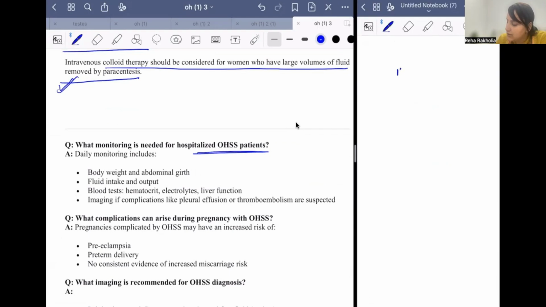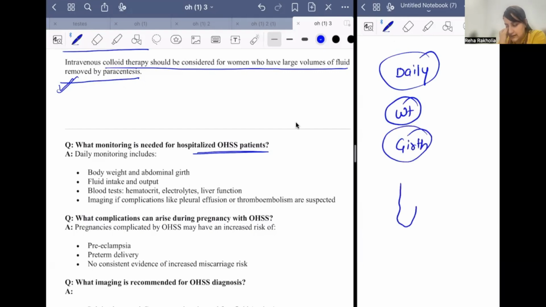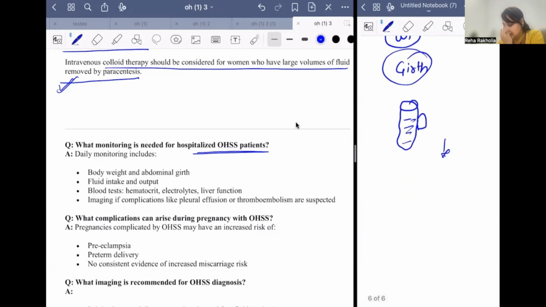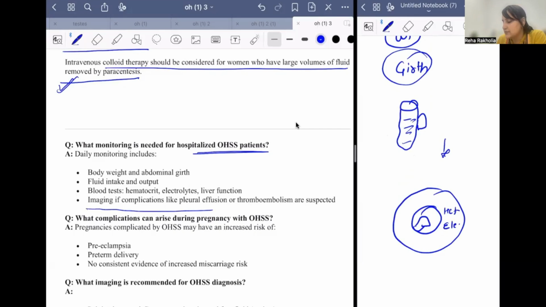We'll have to do daily monitoring of weight, abdominal girth, fluid intake and output, blood tests like hematocrit, electrolytes and liver function test, and imaging if complications like pleural effusion or thromboembolism are suspected.